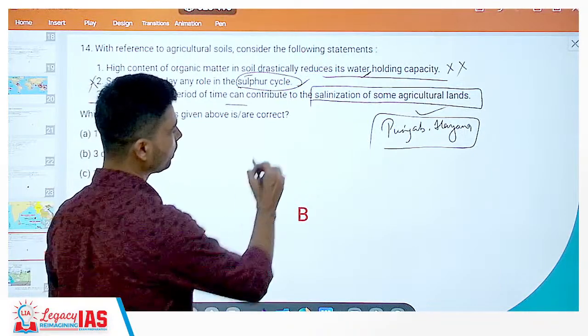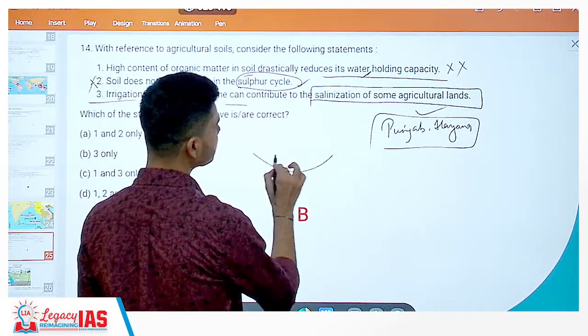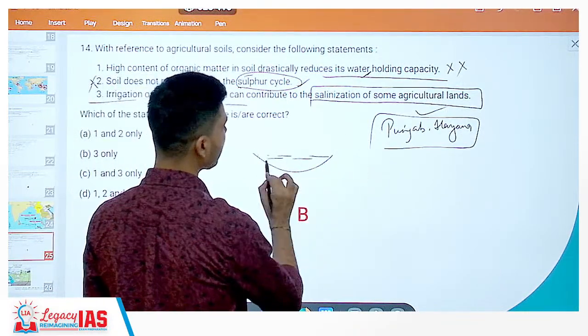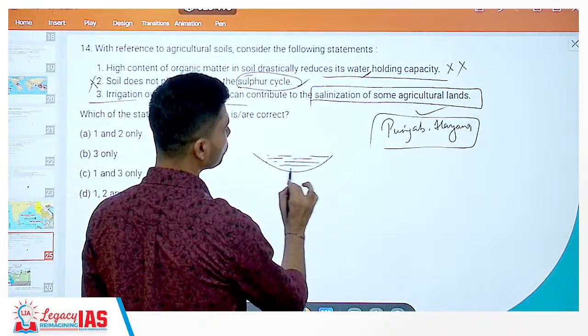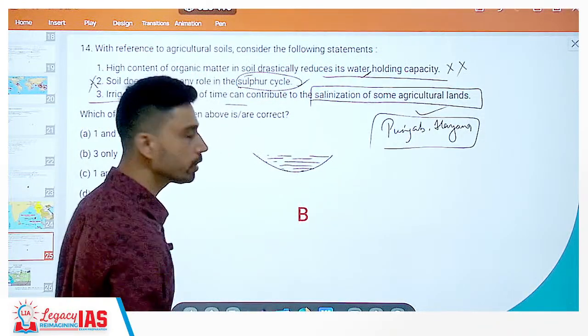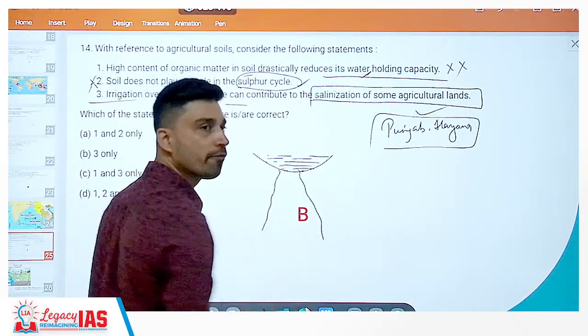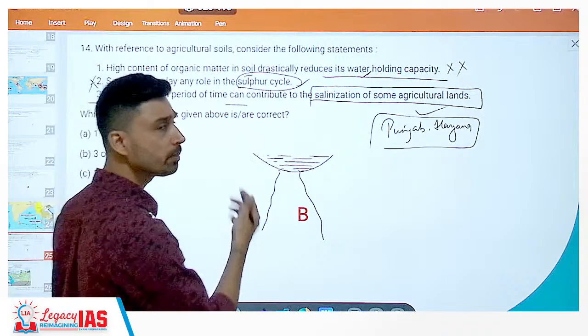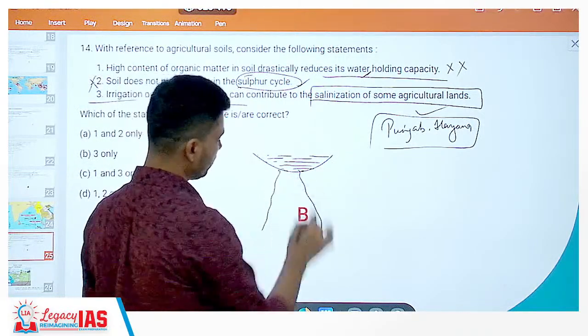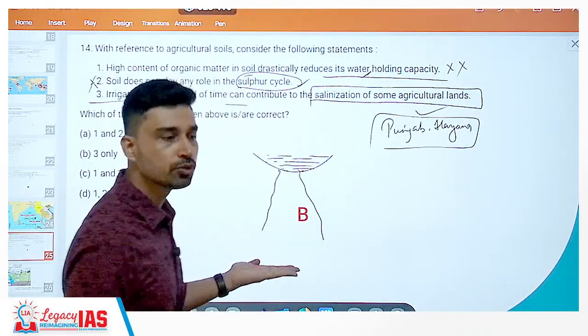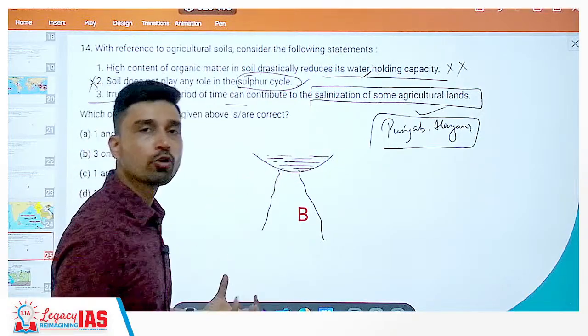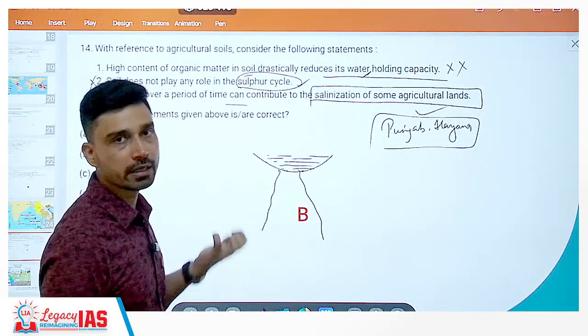Due to this, a large volume of water remains stagnant and is not directly absorbed by the plants. Now, since most of this irrigated water is taken up from below the ground surface through submersible pumps, when the water is transferred from below the ground surface to the soil layer, it also brings a large amount of salt particles along with itself.